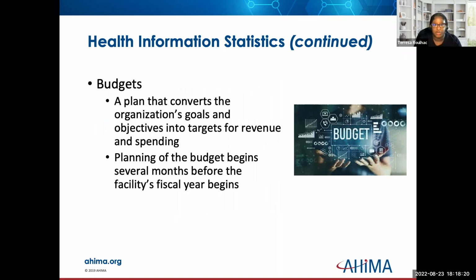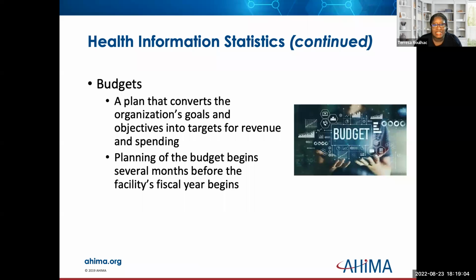Estimates are made of expenses for the department, including wages and benefits for employees, supplies, because they're not free, travel and education, membership dues, subscriptions, postage, copying, equipment maintenance contracts. And there are so many other small, intricate expenses that you may not even realize they have to budget into. Estimates are also made of revenues coming into health information departments. Estimates may include outsourced coding or even transcription.